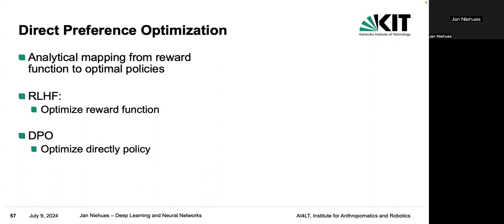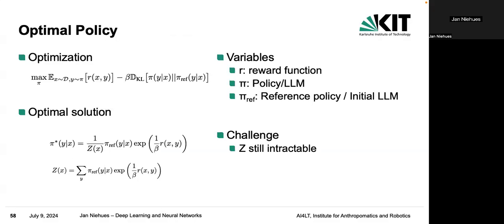By doing this analytically, instead of, as in reinforcement learning, optimizing the reward function, we can use this preference data to directly optimize our policy, which in this case is our language model. So we can directly optimize our language model by having a mapping between the reward function and the optimal model. We want to look at both the math and how it's then trained.